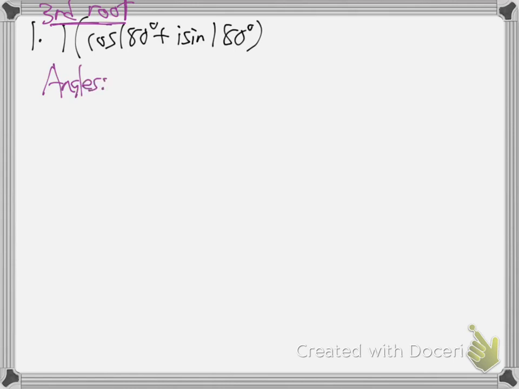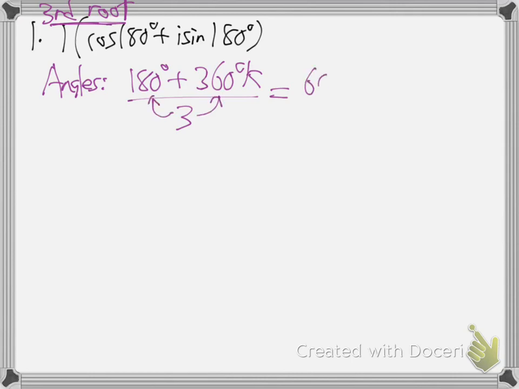You take the 180 and you add 360K and divide by 3, huh? Remember how that works? That's why the angle's so important to get right, because we use it again and again. So divide them both by 3. What's that be? 60 plus 120K.